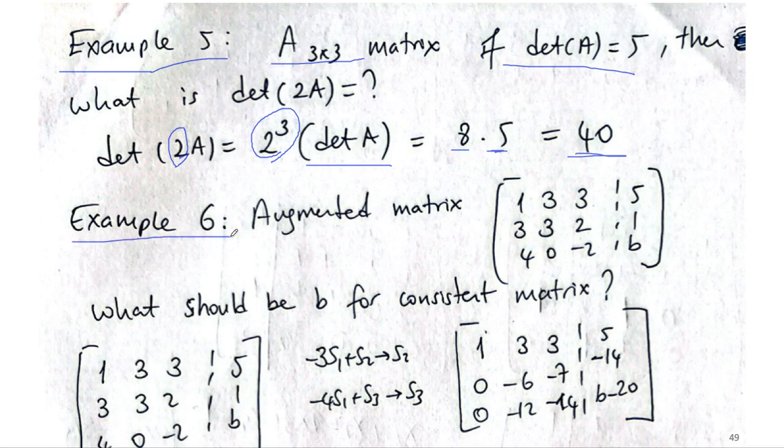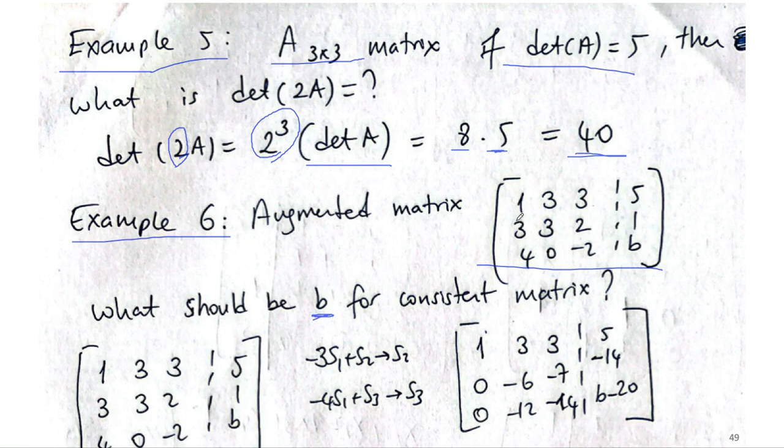Now, another example. Suppose you have the augmented matrix given with this 3 by 3 coefficient matrix A. So the question is, what should be the value for the unknown B for a consistent matrix? In order to find out this B, with augmented matrices, we usually do the row operations in order to get zeros below the diagonals.